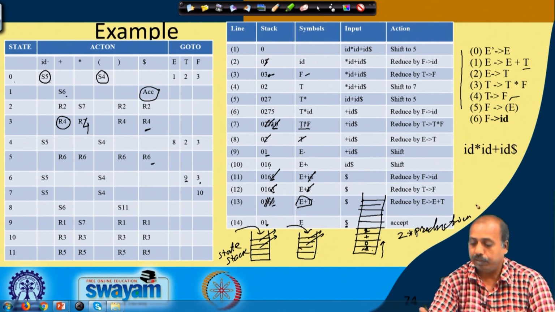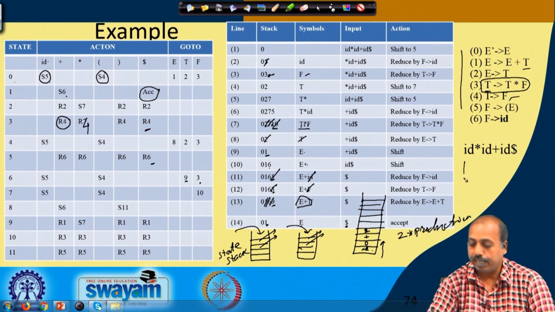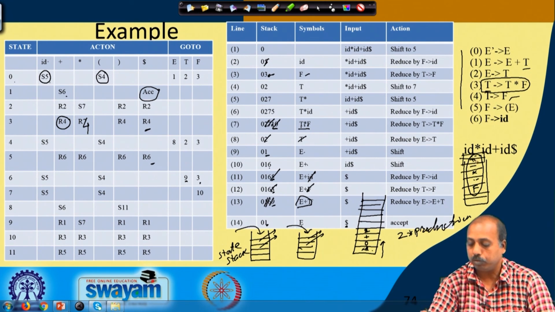For example, if you are applying the rule T producing T star F, in the stack you have F, after that some state number, then star, after that some state number, and then T, after that some state number. So you have to pop out all these entries from the stack. That way it is 2 into the size of the right hand side. The total number of entries popped out is 1, 2, 3, 4, 5, 6. So, 6 entries are to be popped out.